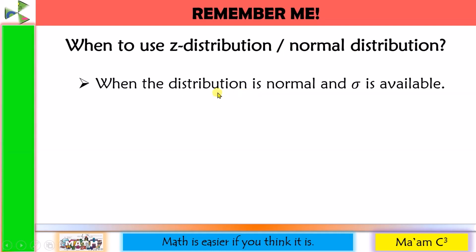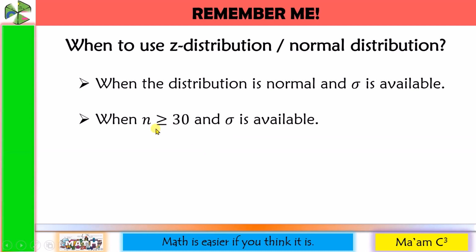Now, how do you know that the distribution is normal? It is usually written in a problem. You will see there, assume that the distribution is normal or something like that. Now, what if there is nothing written that the distribution is normal? Then you look for the sample size. If the sample size is greater than or equal to 30, then you may still use z or normal distribution. Why?